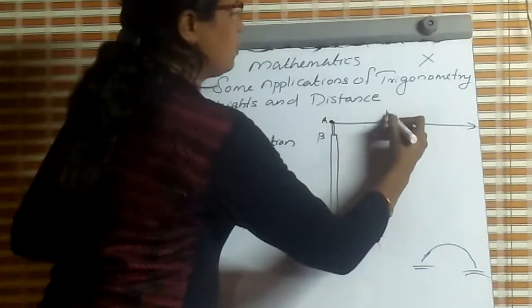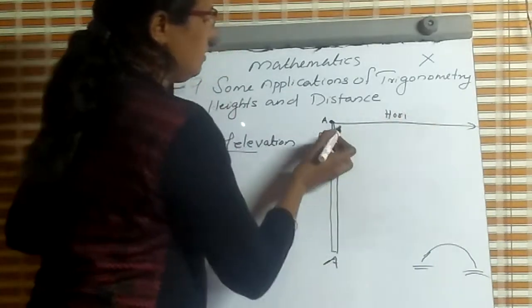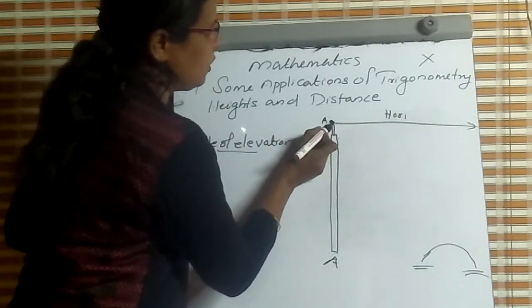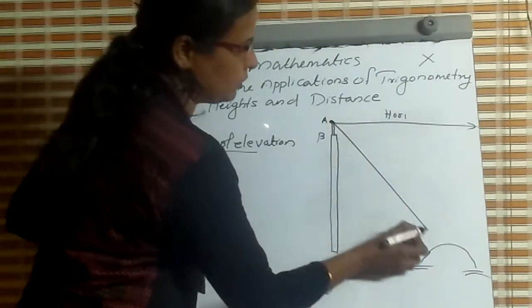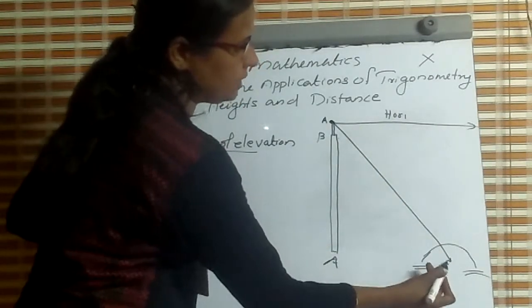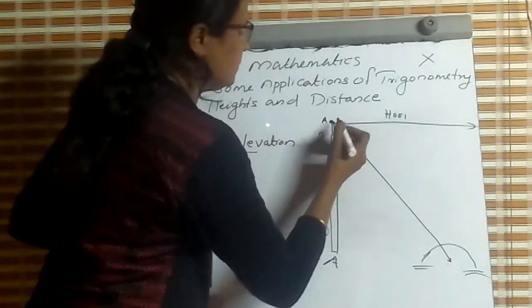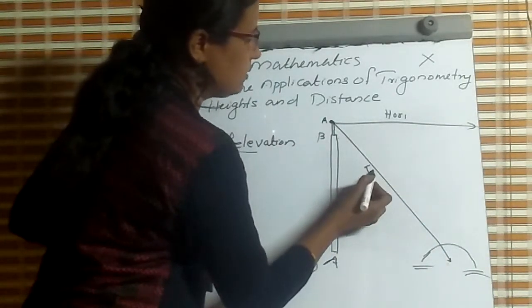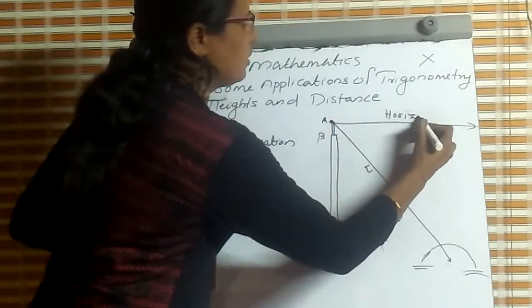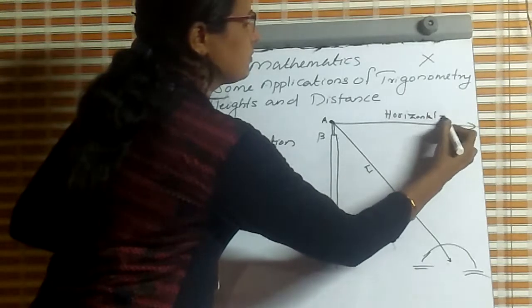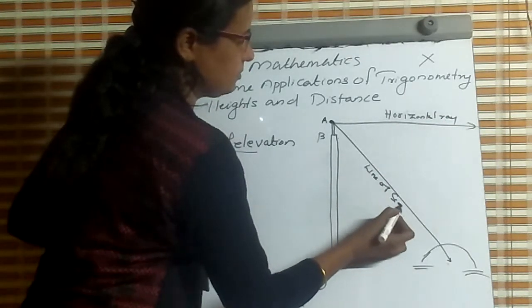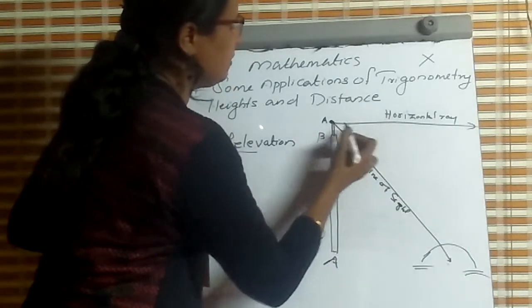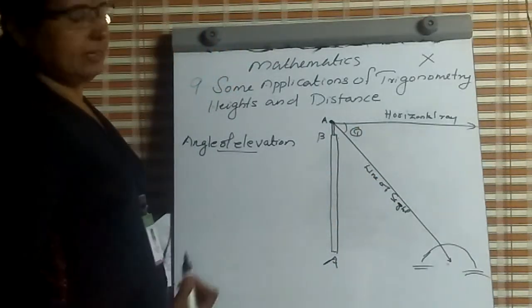This is the horizontal ray, and the line drawn from the eye of the observer to the point where the object viewed is, this line is the line of sight. This is the horizontal ray. This one is the line of sight. Here it makes an angle theta.